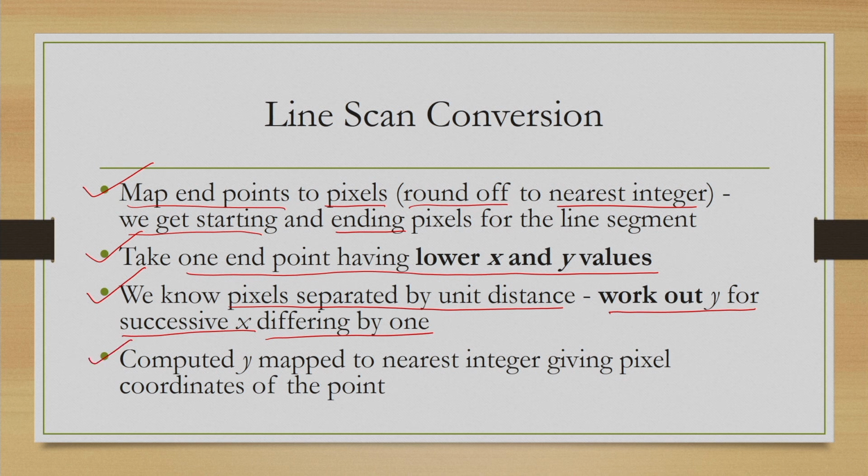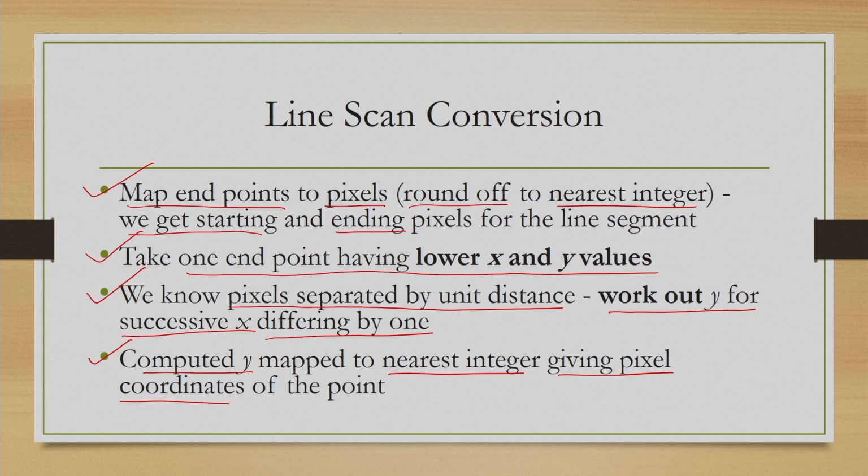In the fourth step, these computed y values are mapped to the nearest integer, giving us the pixel coordinates of that particular point.